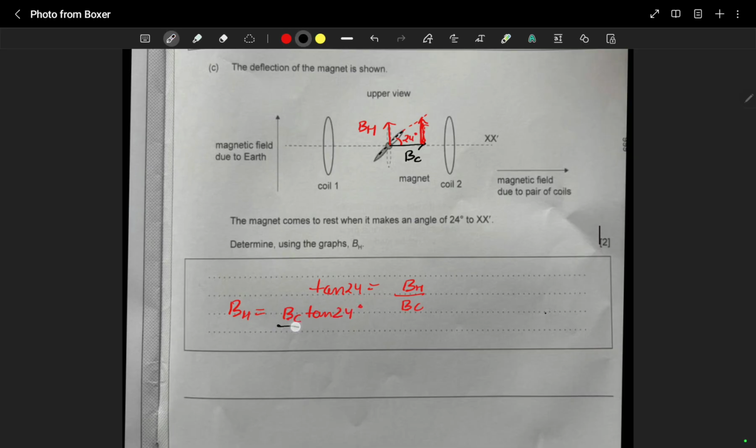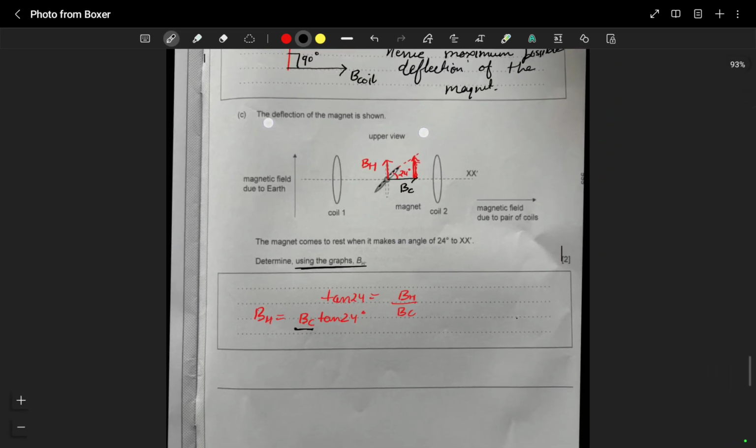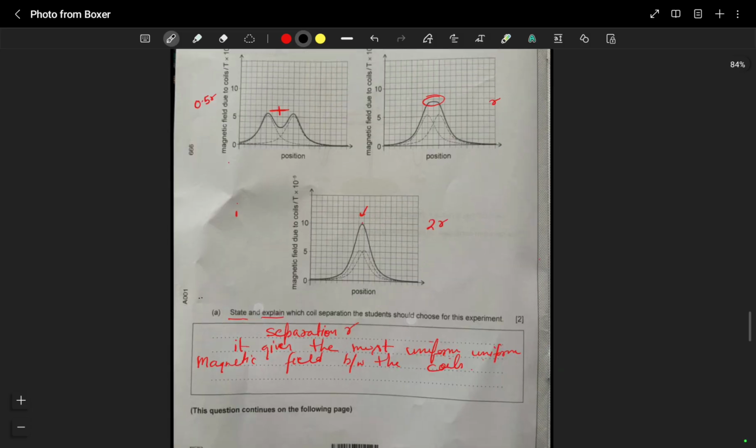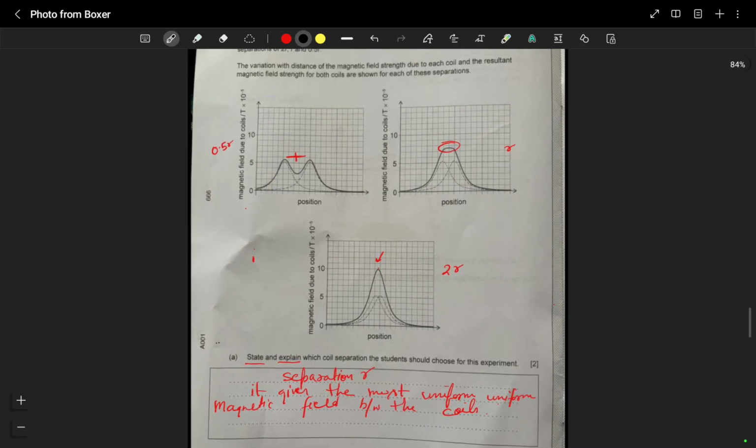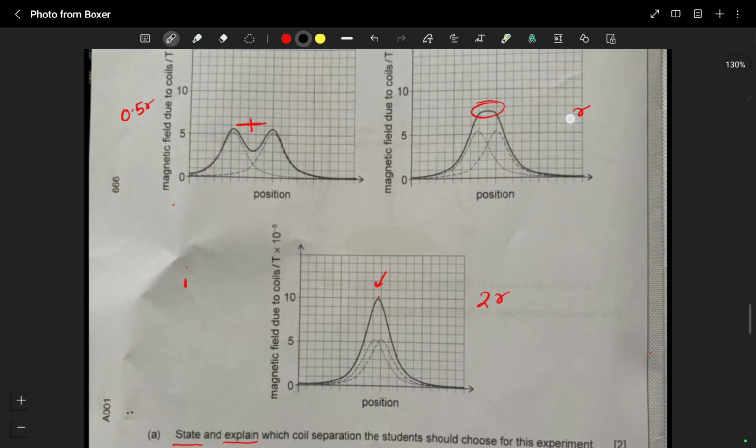Now the task is to find out BC, and for that they have given you the hint using the graphs, right? So you're going to take the value of the magnetic field because of the coil from the graph. So you have to come back to the first question and see which separation you chose. You chose the separation R, right?